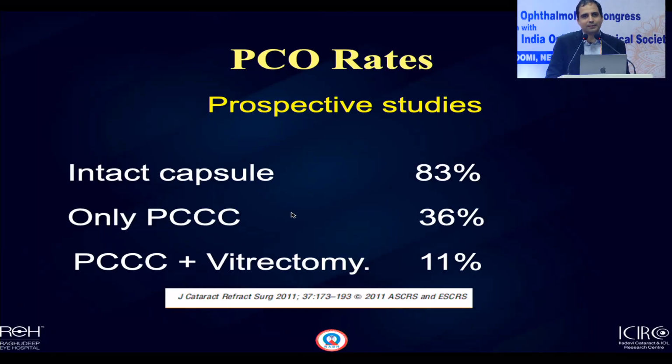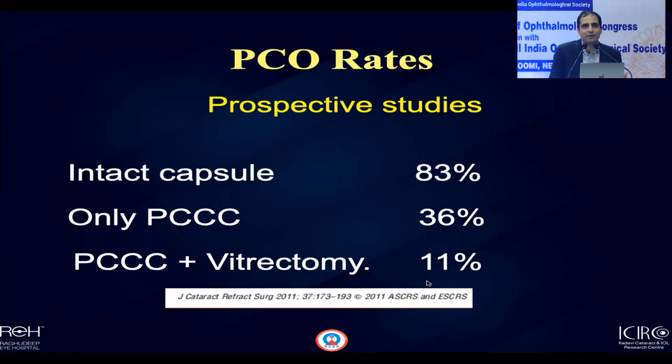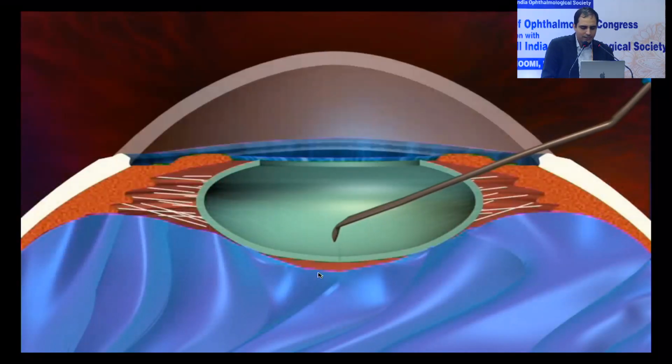Only PCCC will have a high visual axis obscuration rate of about 36%, and along with vitrectomy, it goes down to about 11%. So about one-eighth of what you get without any posterior capsulorhexis, you will get with posterior capsulorhexis with vitrectomy. So a significant drop. Now, how do we do posterior capsulorhexis?